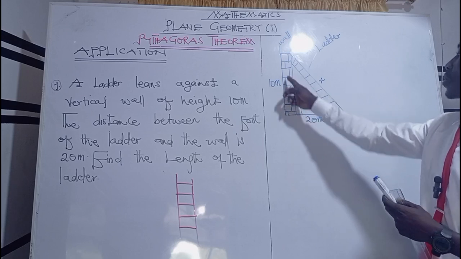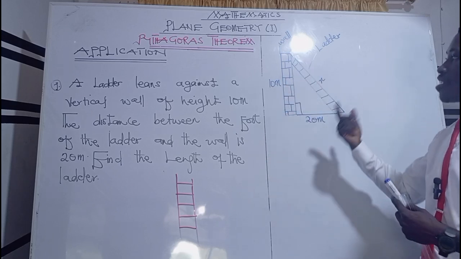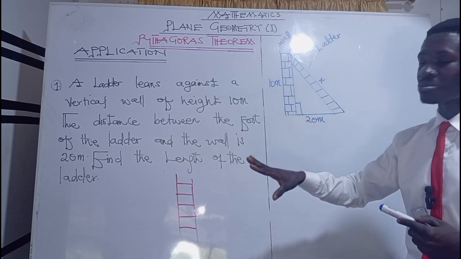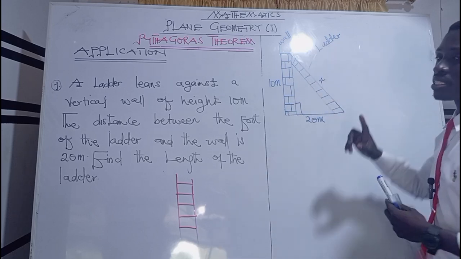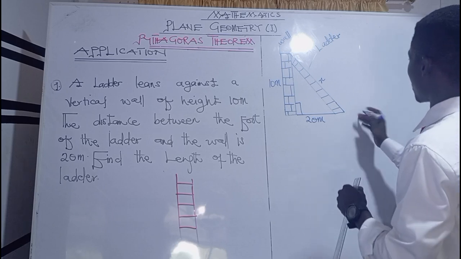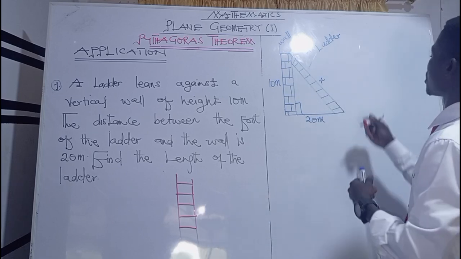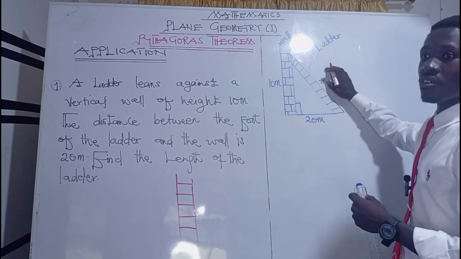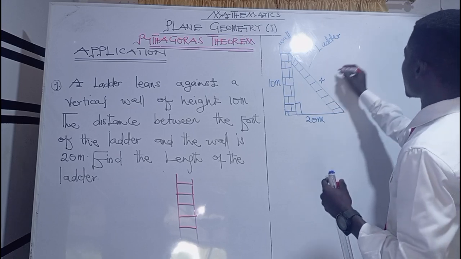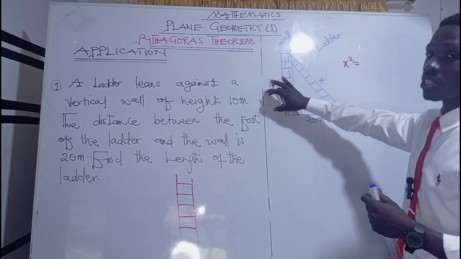Now you can see that we are having a right angle triangle, and therefore we can apply the Pythagoras theorem to find the length of the ladder. Are you getting the concept? So we know that the Pythagoras theorem says that the square of the hypotenuse, so we are going to get x squared, is equal to the sum of squares of the other two sides.